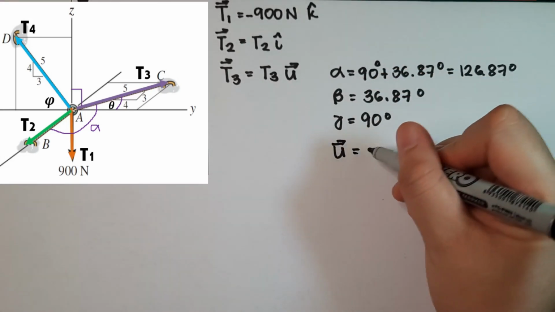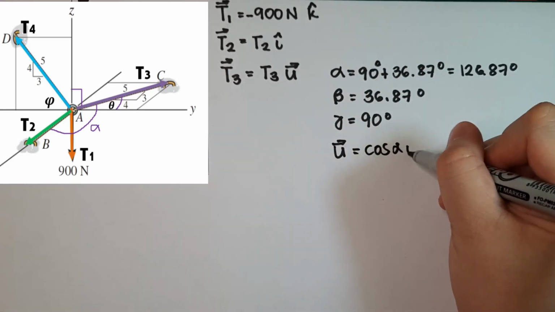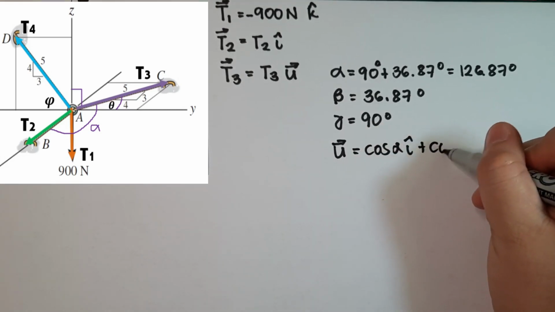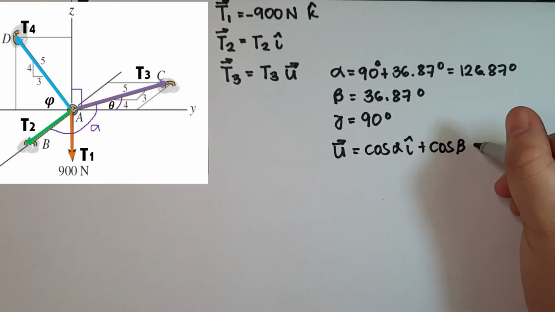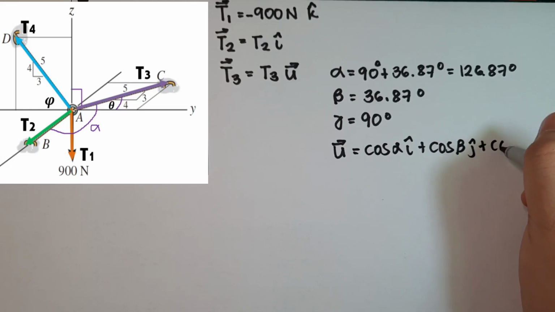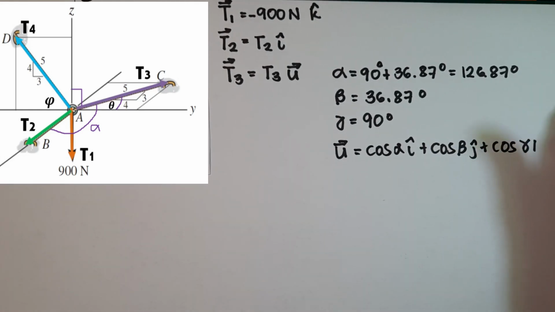So if we now compute our unit vector of T3, it will be equal to cosine alpha i hat plus cosine beta j hat plus cosine gamma k hat.